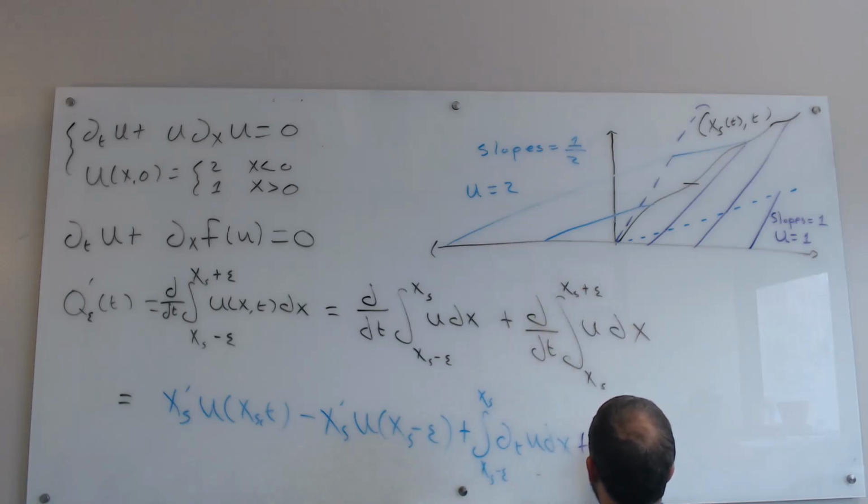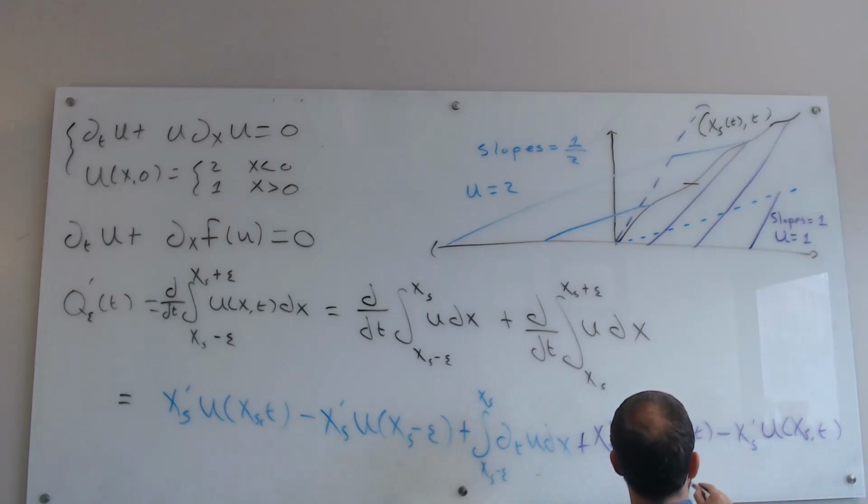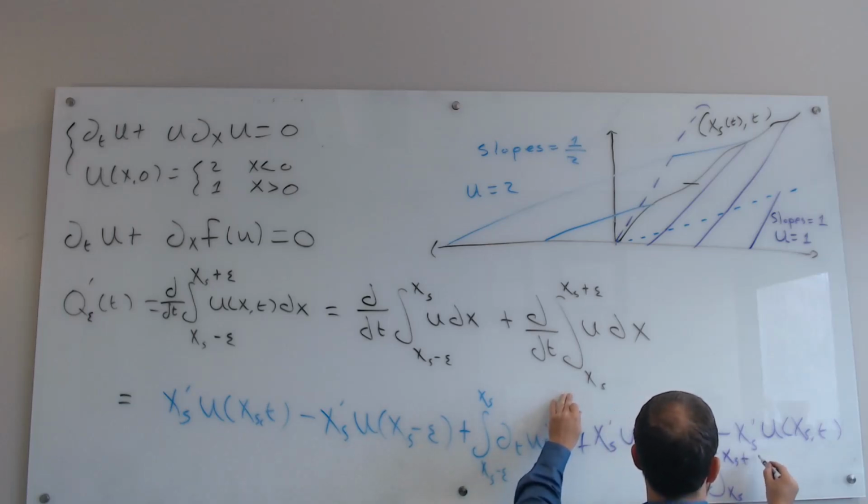So it's going to be xs prime times u evaluated at xs plus epsilon, t, minus xs prime times u evaluated at xs comma t, and then plus the integral from xs to xs plus epsilon of the t derivative of u.